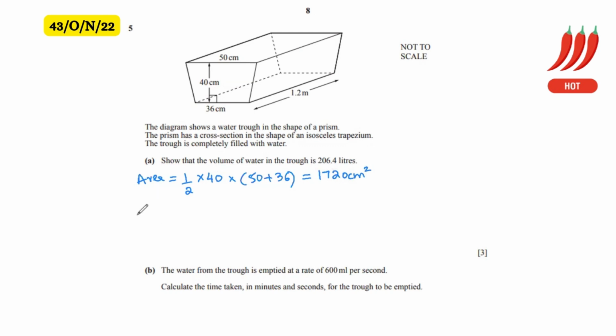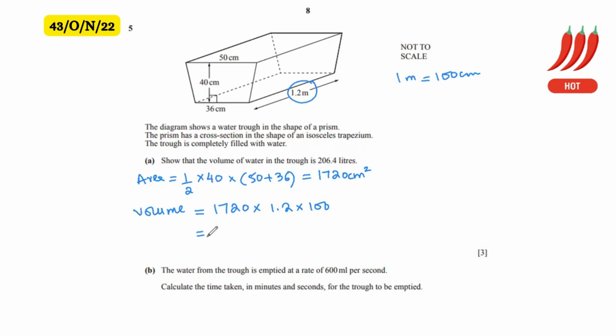Then for the volume, if you notice, the length is given in meters and the area is in centimeters. So we do 1,720 times 1.2 times 100. 1 meter is 100 centimeters. So we're converting the 1.2 meters into centimeters by multiplying by 100.